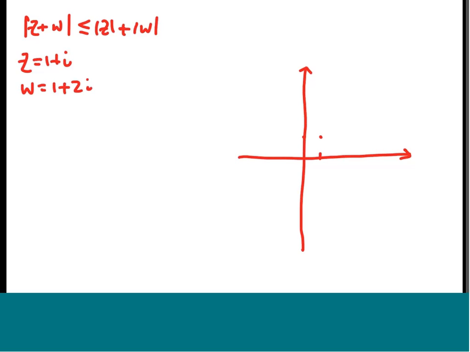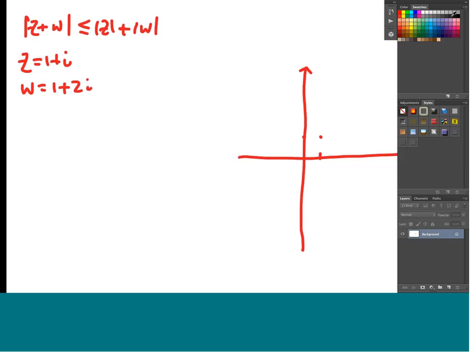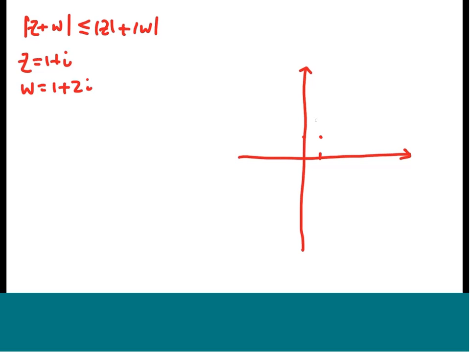W is here. So you can think here is Z, here is W. So Z plus W is going to be 2 plus 3i, going to be here.